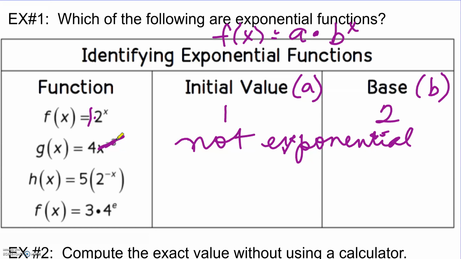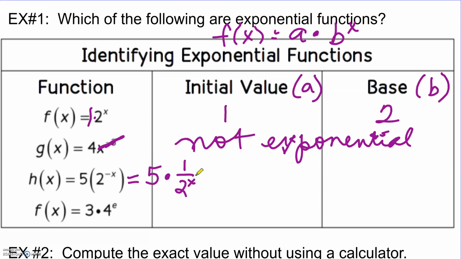Okay, the third one, h of x, that one is 5 times 2 to the negative x. Even though it seems kind of strange because it has 2 to the negative x, remember what that means when you are raising something to a negative power. So really, I could rewrite this as 5 times 1 over 2 to the x.